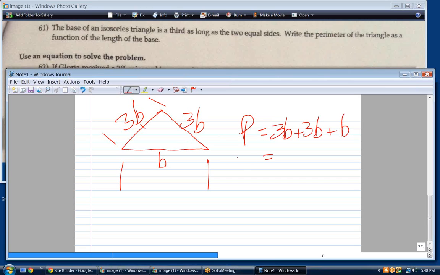What's that? 7b. And there we have the perimeter as a function of b. And that's what they are looking for. Write the perimeter as a function of the length of the base. Well, we let the length of the base equal b.